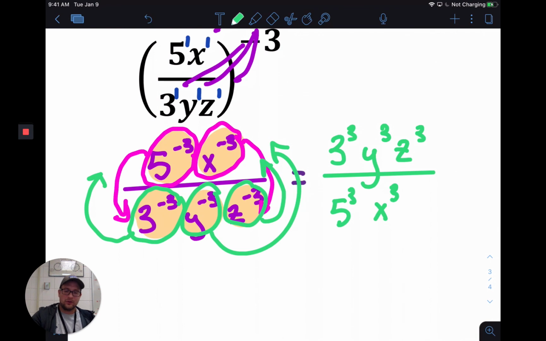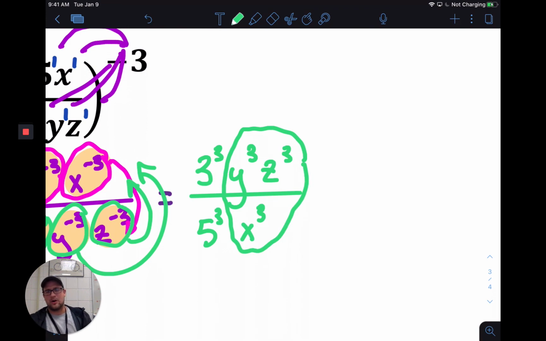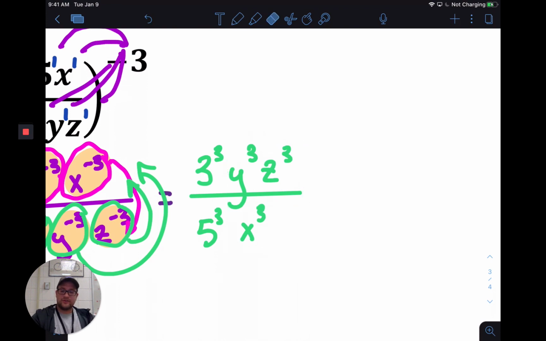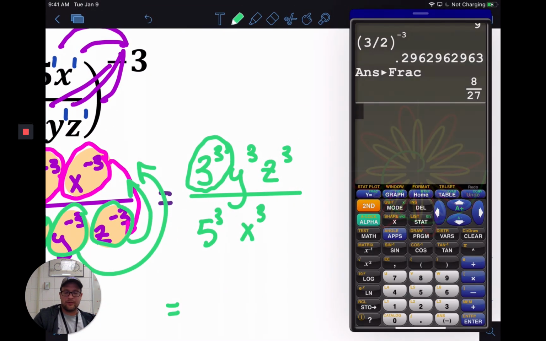Now, we always want to look to see if there's any variables that are the same on the top and the bottom. And I think that's going to come up in RE5, where we're going to look at that a little bit more. But right now, we're done. There's nothing we could cancel. This is looking good. I would say the only place we could pretty this up a little bit is if we looked at what 3 to the third is, because we can figure that out on our calculator. 3 to the third is just 3 times 3 times 3, and we get 27.